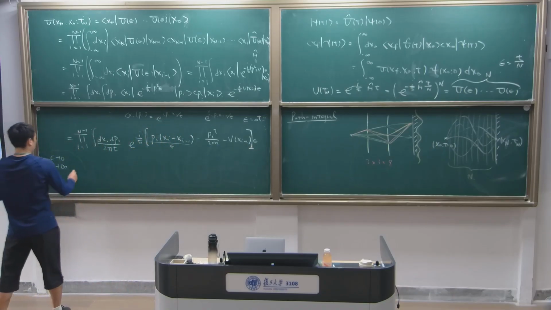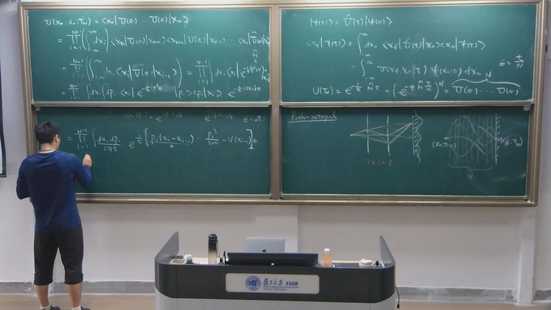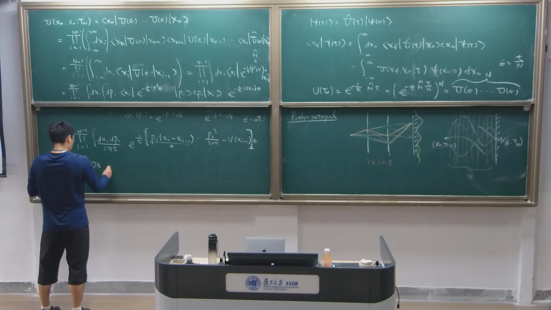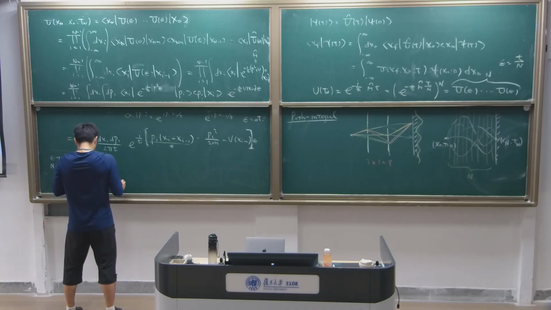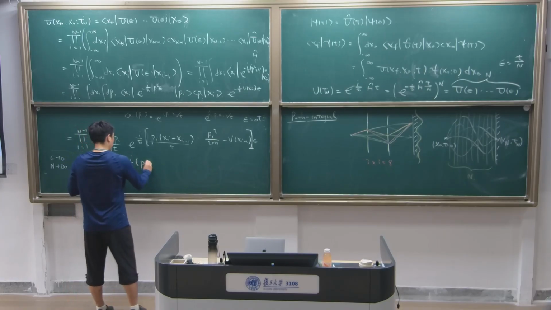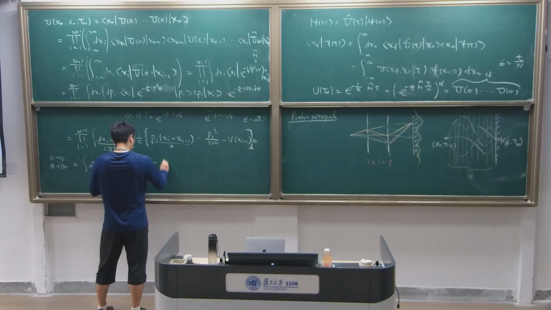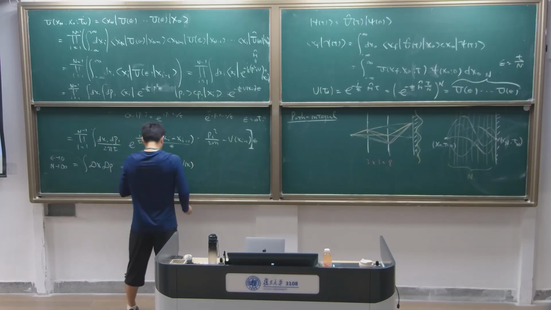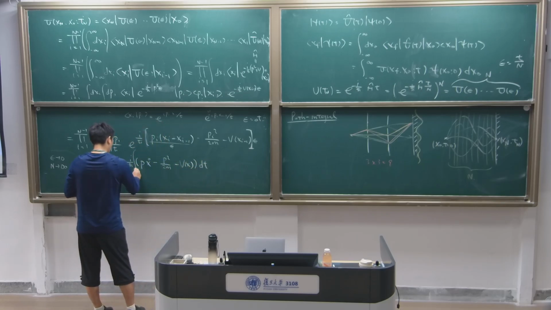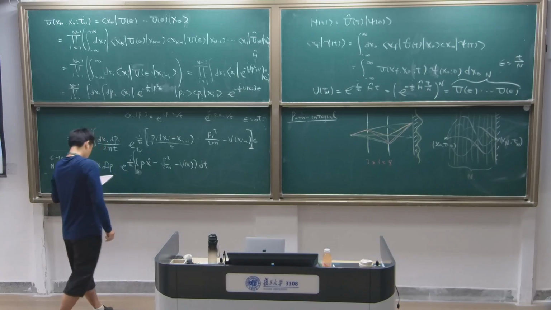Therefore, what you get is all possible configurations: the integral of Dx Dp, e^{(i/ħ)∫dt (p ẋ − p²/2m − V(x))}. Is it okay?